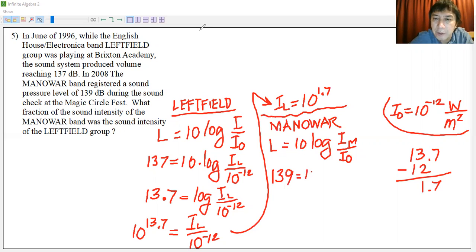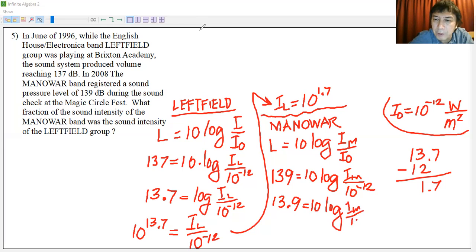Here you have 10 times log of IM, where IM stands for Manowar, over 10 to the negative 12. After dividing by 10 on both sides, you will have 13.9 here, equal to 10 times the logarithm of IM over 10 to the negative 12. When we solve this, taking the anti-logarithm of both sides, we will have 10 raised to 13.9.